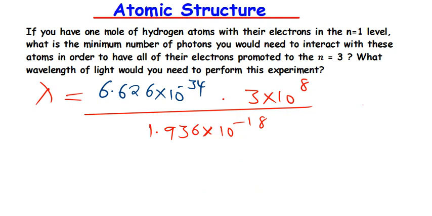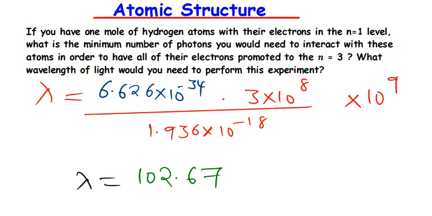The wavelength that I'm getting is, what are you getting? I'm getting a very small value, 0.00 something. Now to make things easier for ourselves, we can convert to nanometers, so we just multiply by 10 to the power 9, and after multiplying by that I'm getting 102.676.